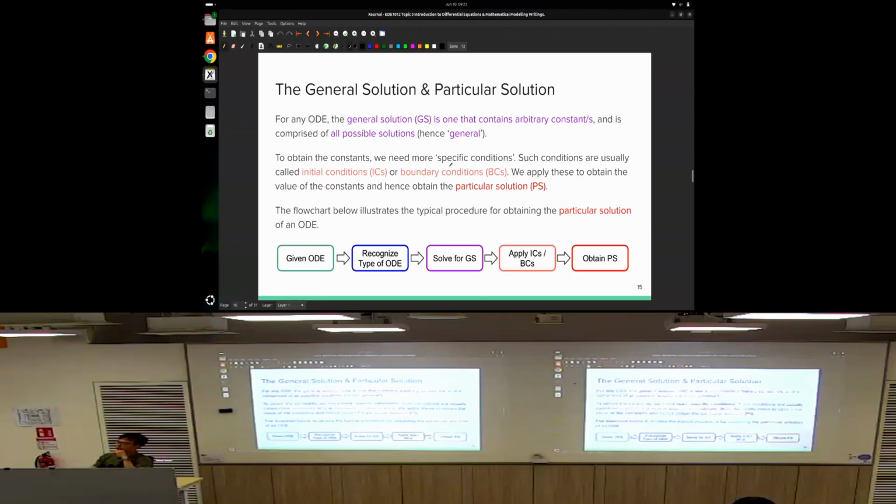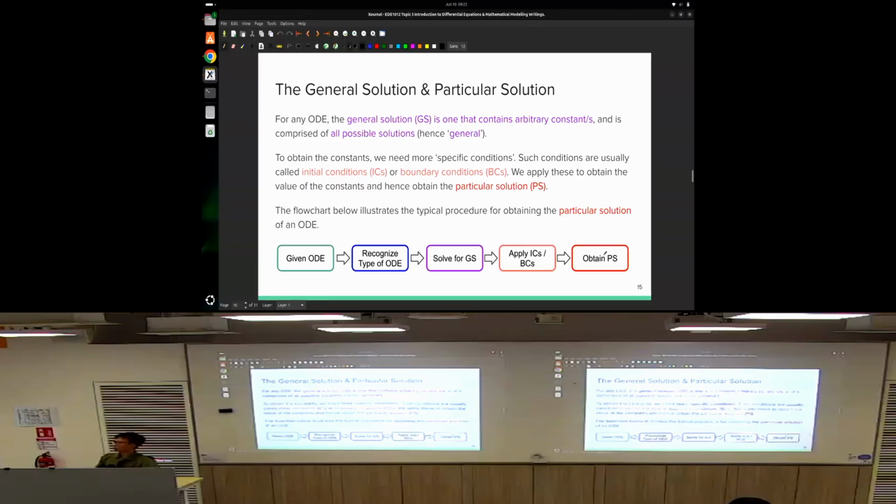You'll get to deal with boundary conditions in Math 3, because they are usually more difficult to handle. For this Math 2, we'll just be dealing with simple initial conditions. So this is the flow chart that we are going to apply when we solve an ODE. Given the ODE, you recognize the type, solve for the general solution, apply the initial or boundary conditions, and then obtain the particular solution.